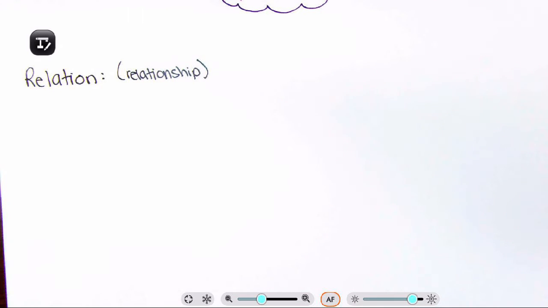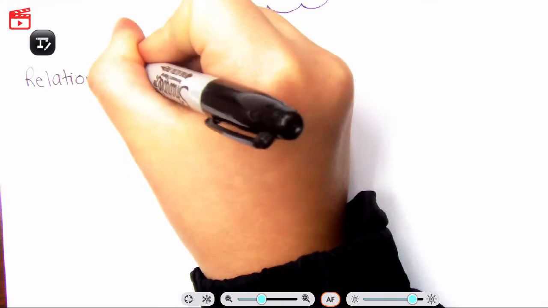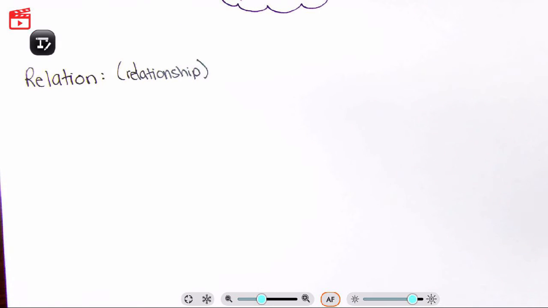How do you know if two individuals are in a relationship? What are they doing? Sometimes they're holding hands. Sometimes they're giving each other a hug, maybe a little kiss. They're doing something, right? Walking down the street holding hands tells other people that they are in a relationship. If two individuals are married, maybe they're wearing rings, those two people are in a relationship.